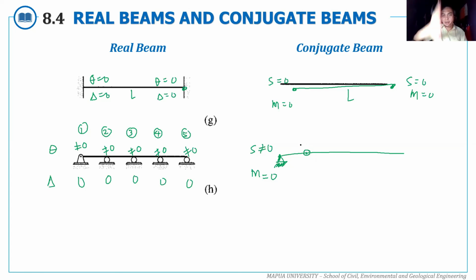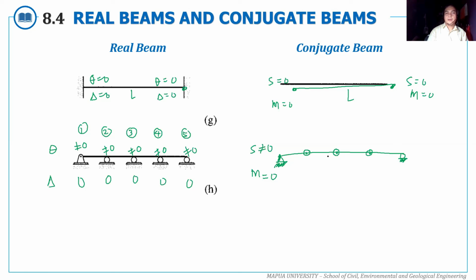When you cut the member at the internal hinge, may shear force lumalabas pero walang moment. So internal hinge. Sa joint 3, ganun din. Joint 3, internal hinge ulit. Joint 4, ganun ulit. Internal hinge ulit. Joint 5, okay, so pwedeng hinge, pwedeng roller support.